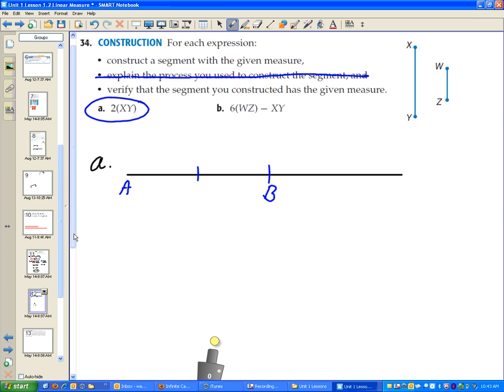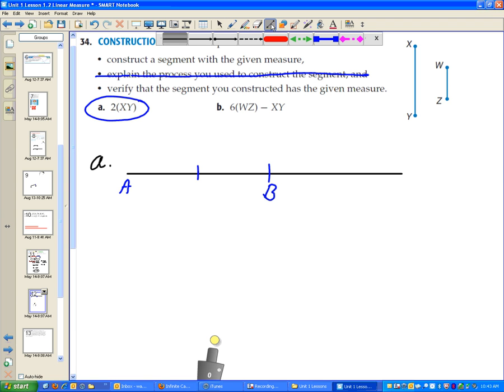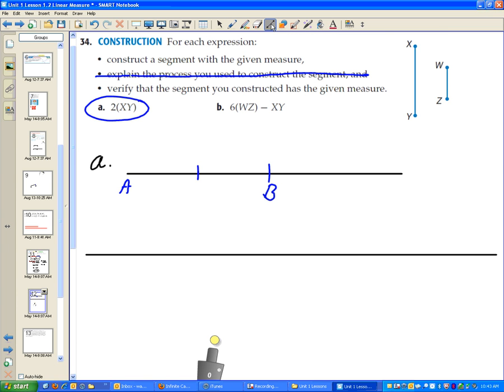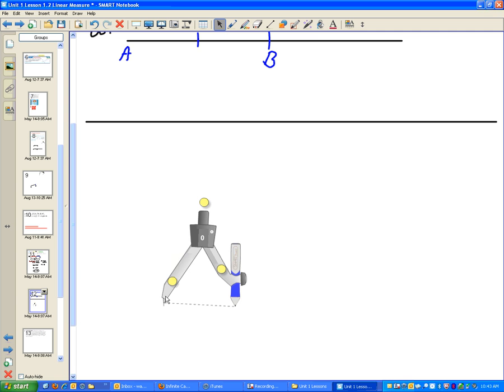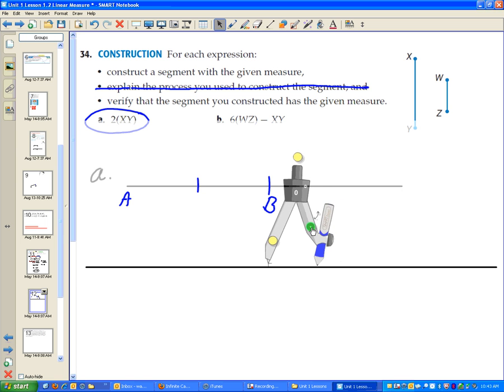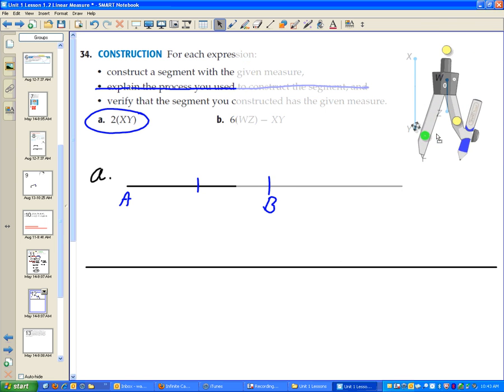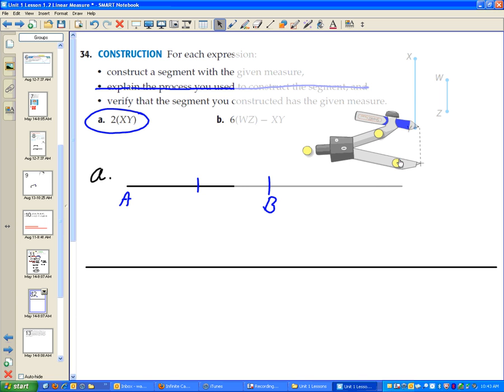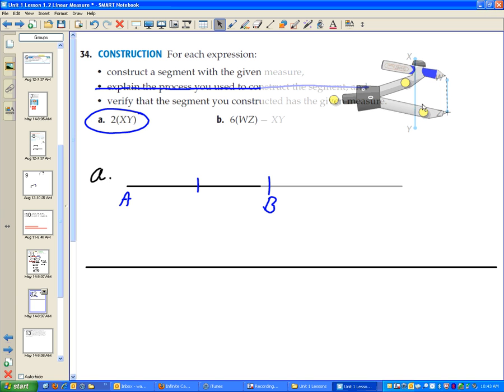Do 6 times WZ, and then subtract out an XY. Nah, leave them on there.